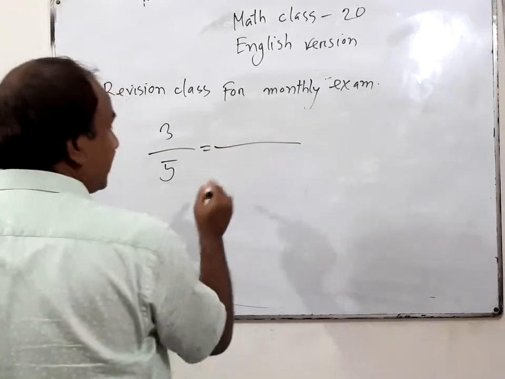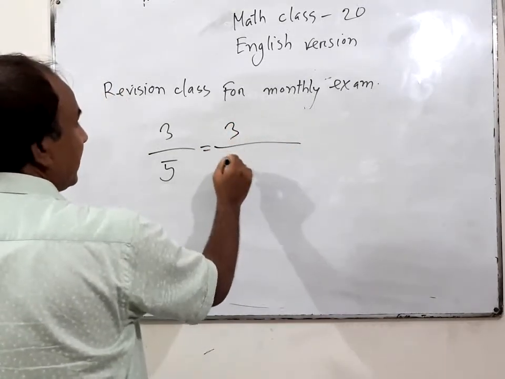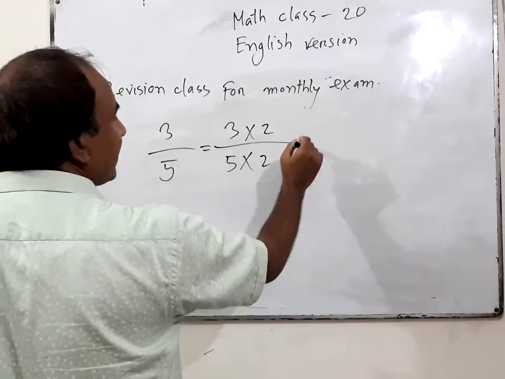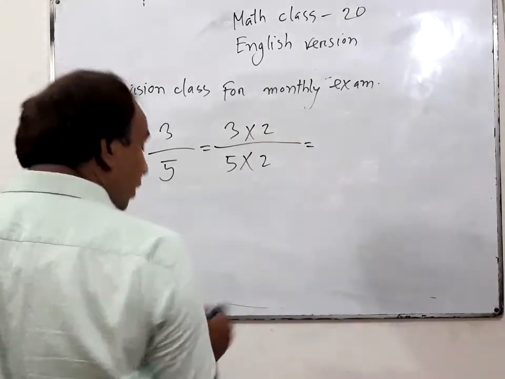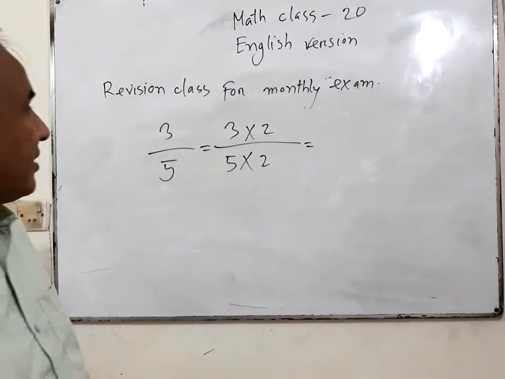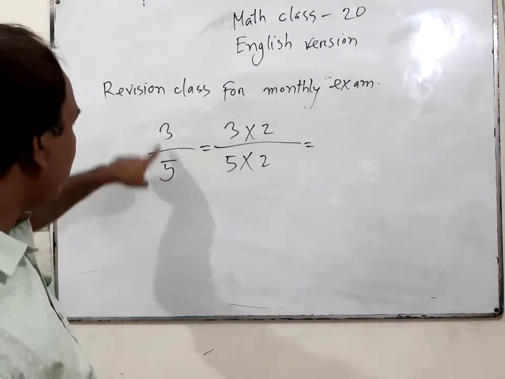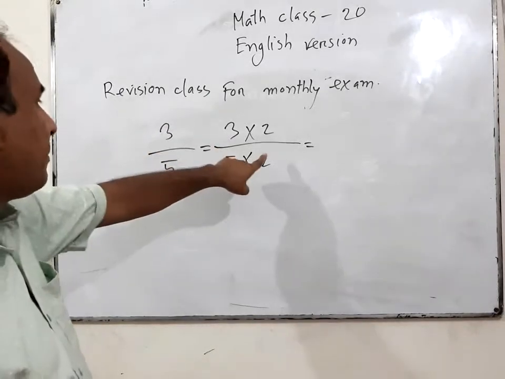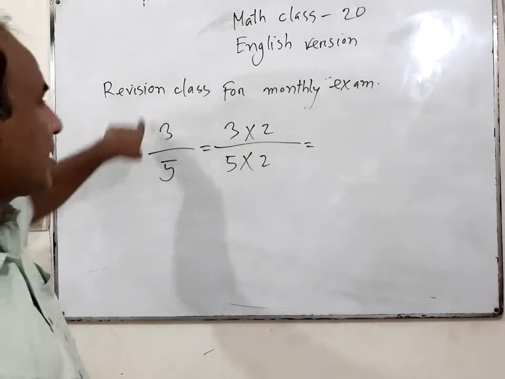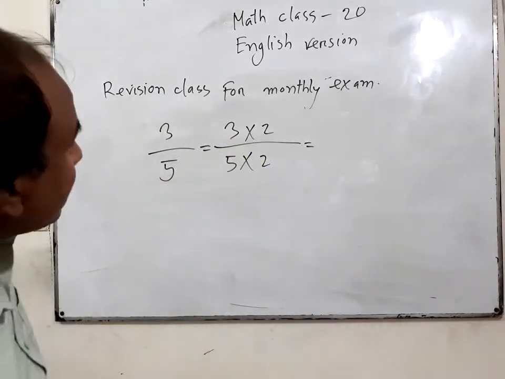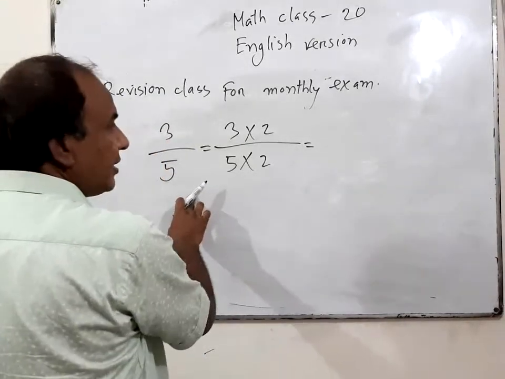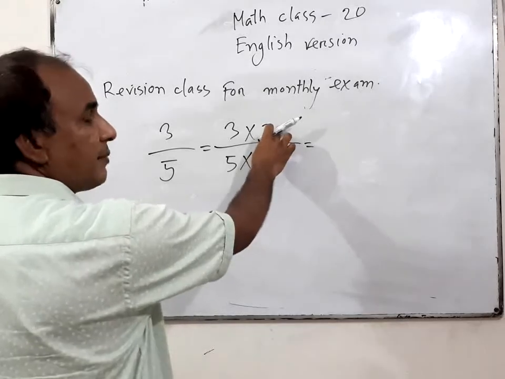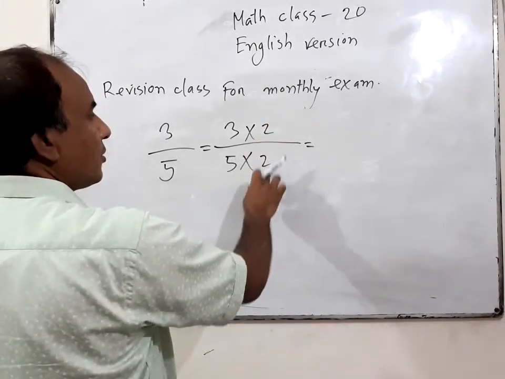The definition is saying, if we multiply or divide the numerator and denominator of this fraction by the same number, suppose I multiply by 2 here, 2 multiply here.